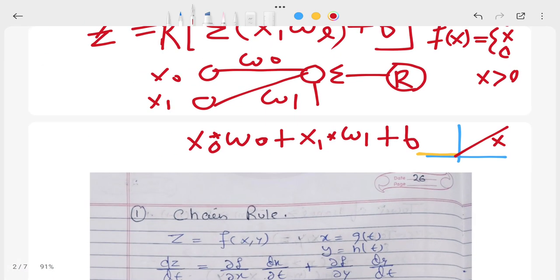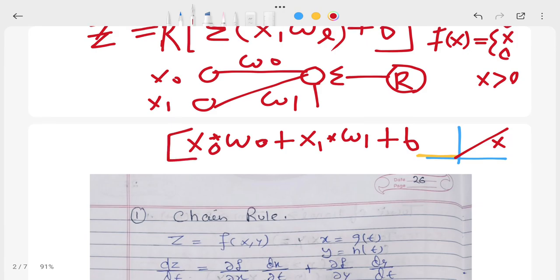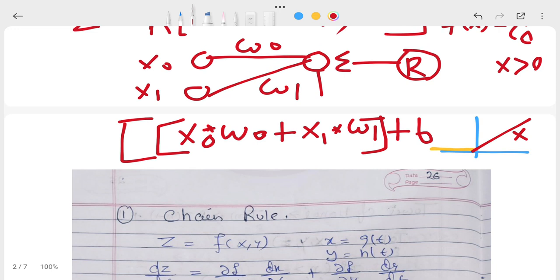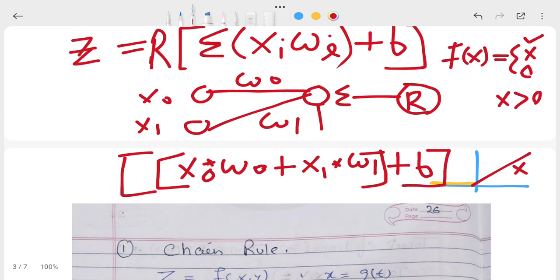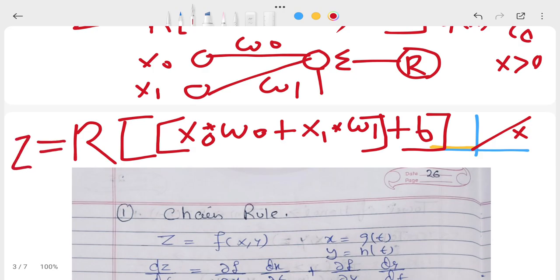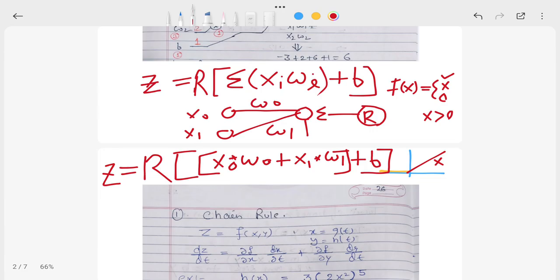So the summation of this plus bias, then after that I use ReLU, is my z. This is the Python code, and we have written it in math. This is the mathematical notation, and this is the coding notation.